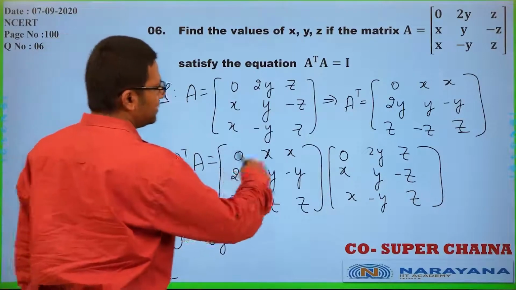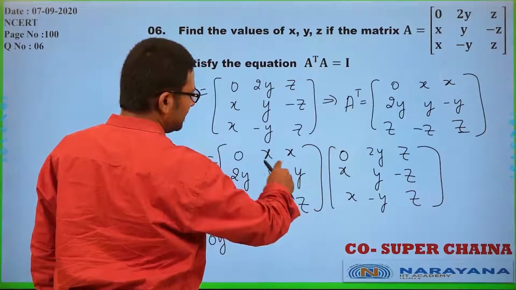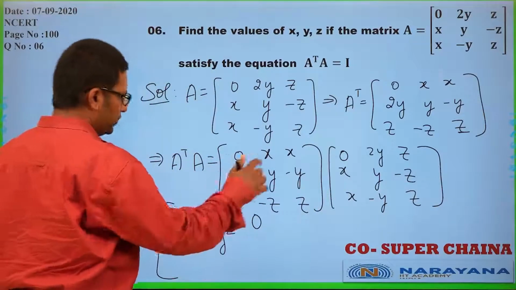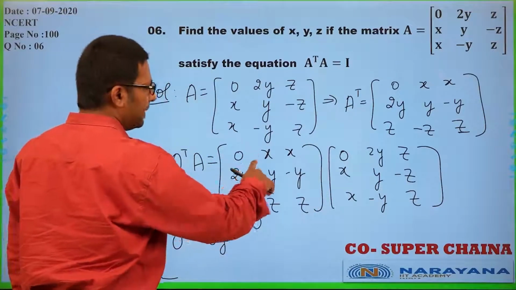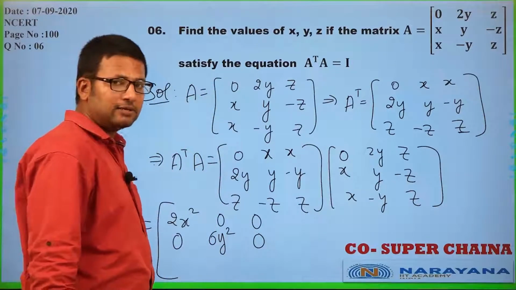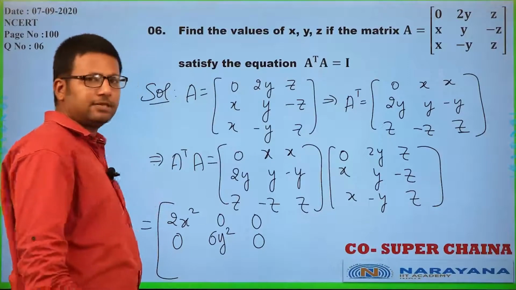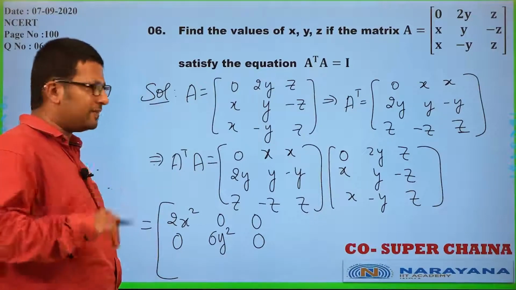Then 2y into z, y into minus z, minus y into z, right? So 2yz minus yz, that is 0, correct? You are comfortable with multiplication, so I am directly doing the multiplication mentally. I hope you are okay with that.